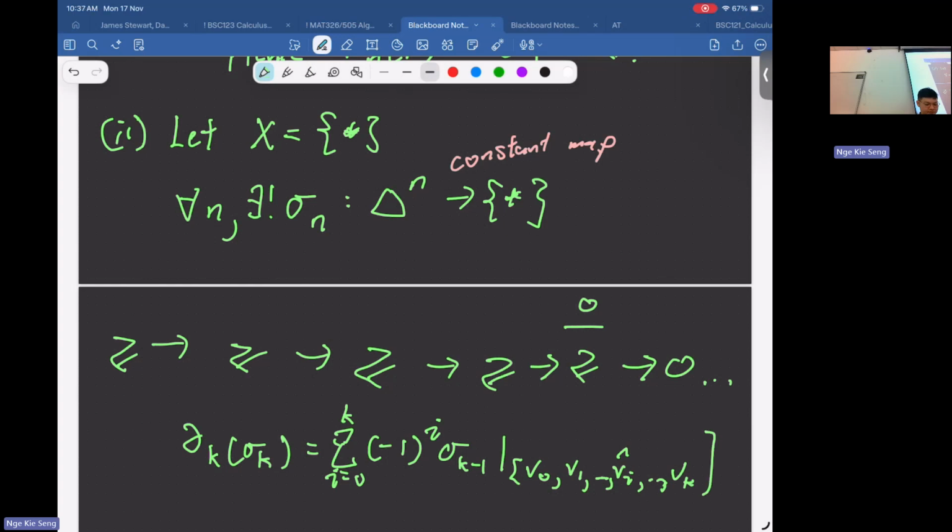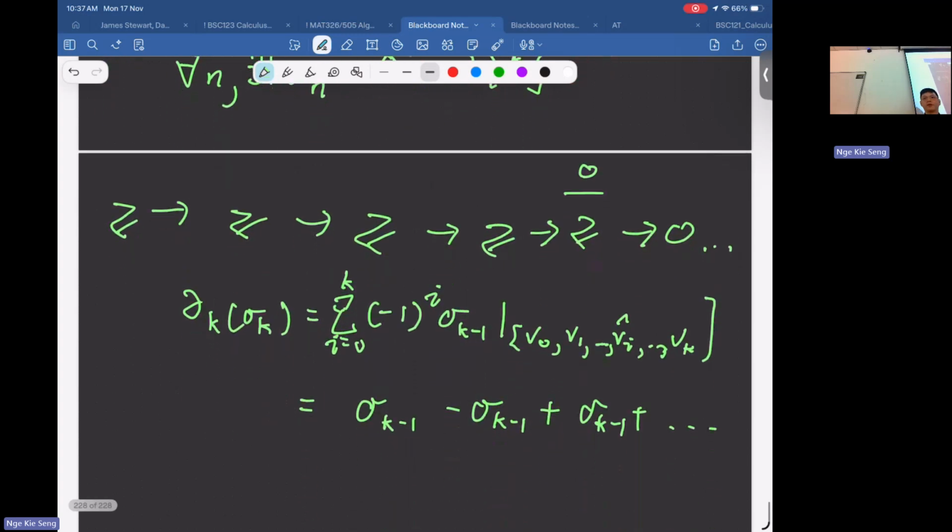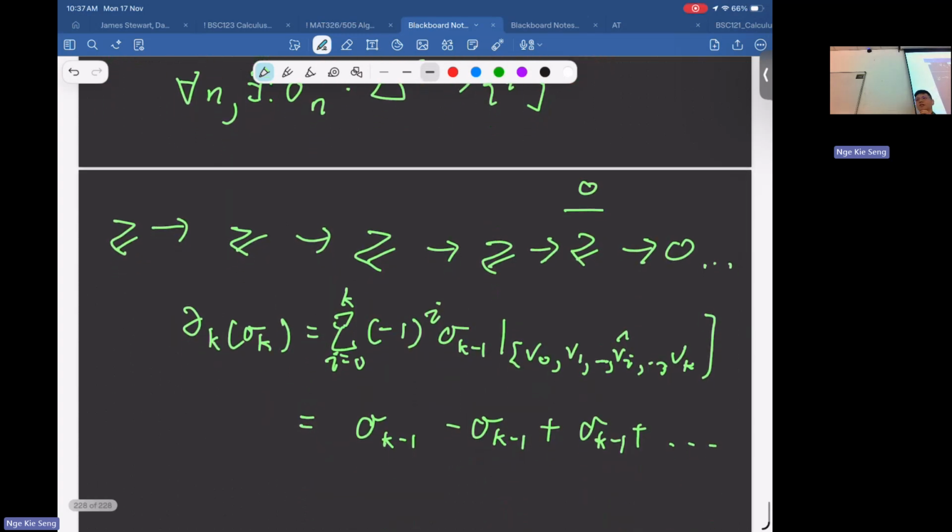It doesn't matter, right? Because this is a constant map. They are the same map no matter how you apply it. So meaning what? You get a bunch of alternating sums. They are the same map because there's really one map here, the constant map, no matter how you restrict it.